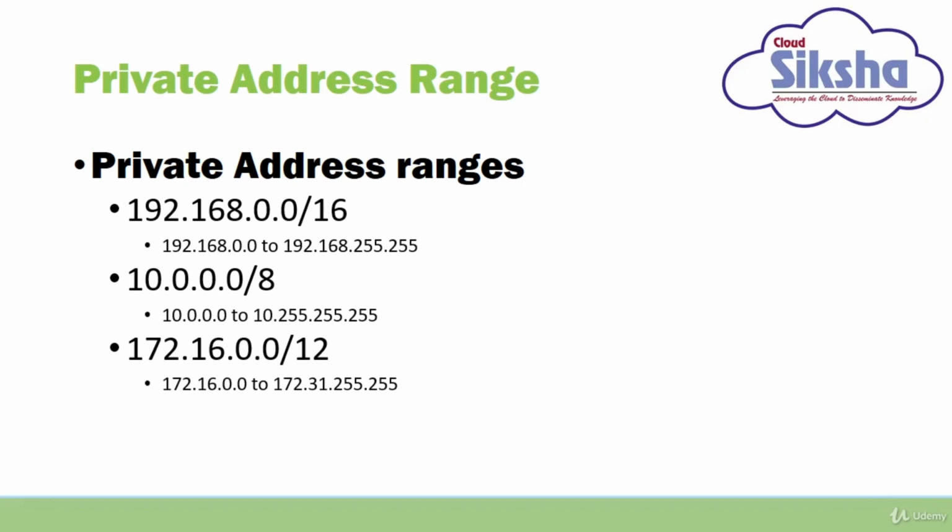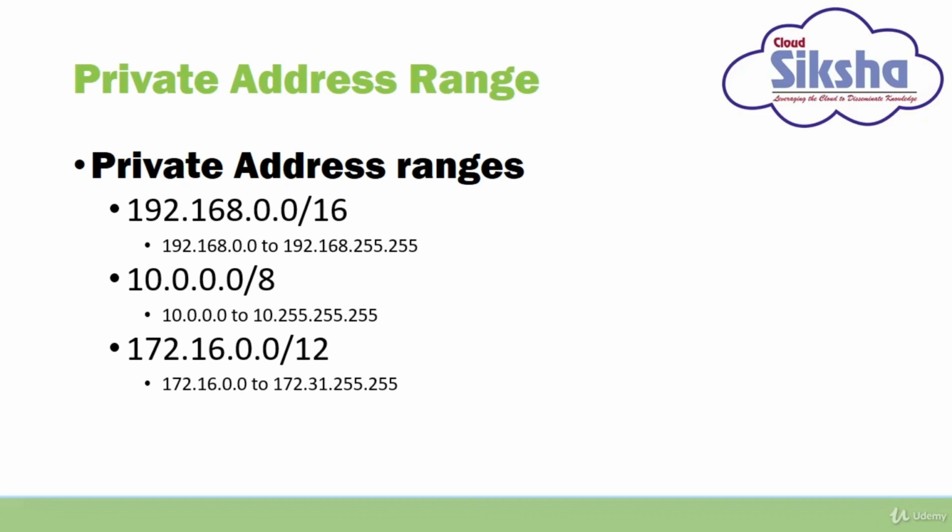The first range, which many of you would have seen in your home computers or in office, is the 192.168.0.0/16. So starting from 192.168.0.0 all the way up to 192.168.255.255. This is a private address range. Similarly, we have the 10.0 address range.